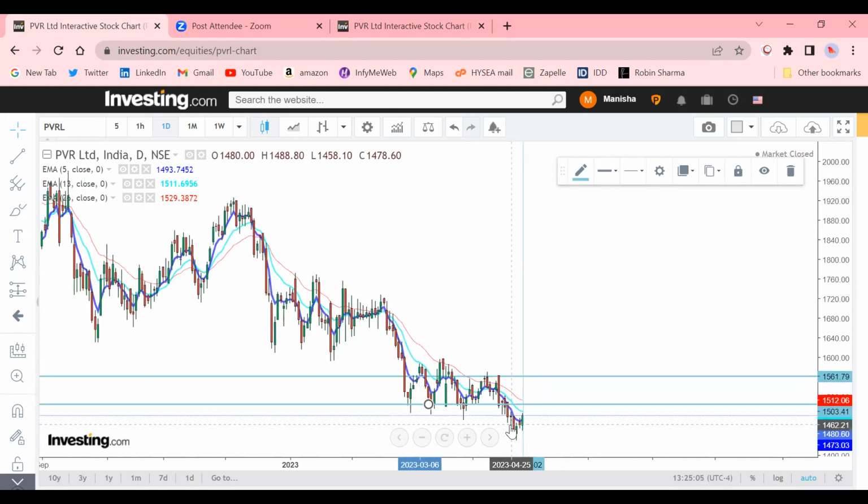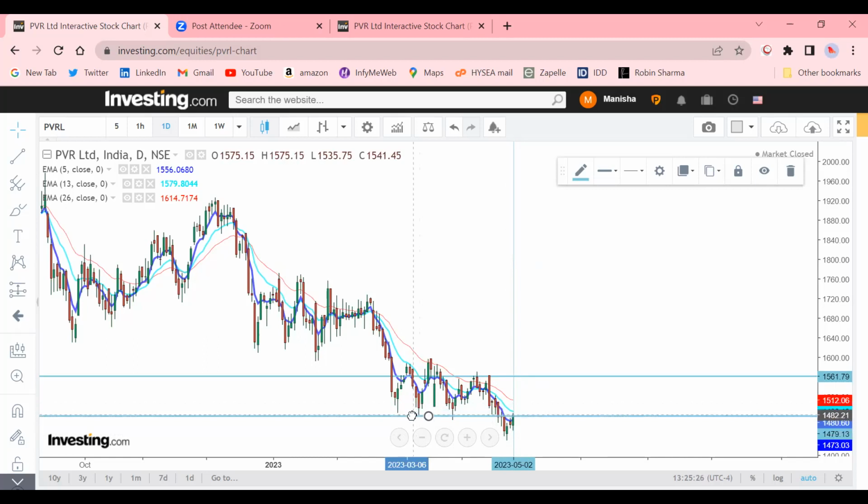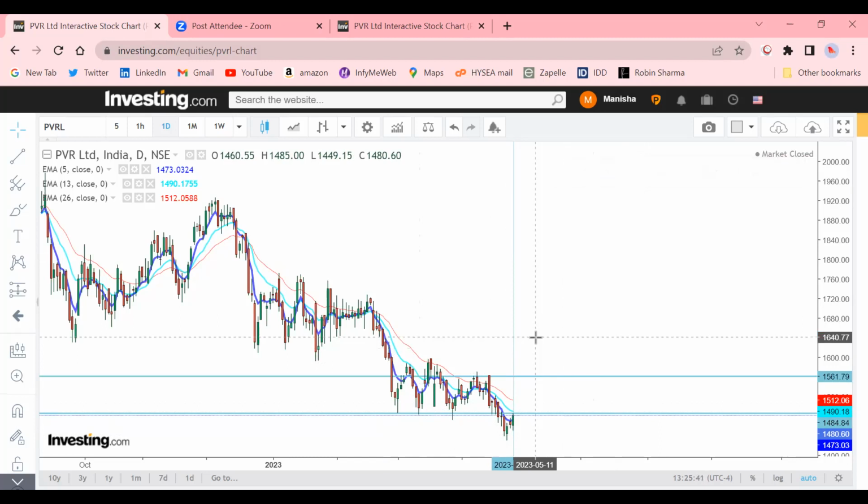You can move that second line below. You need to pull it down. You can overlap. Here it is touching all three points. The third point we can consider a false breakdown, and from here the price has moved up. So this is the appropriate support.